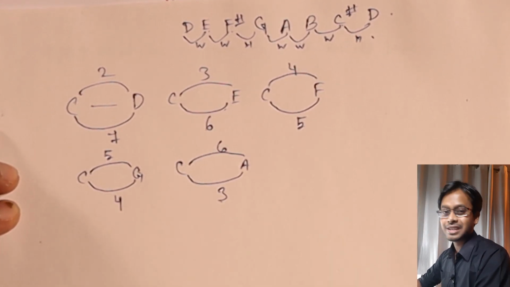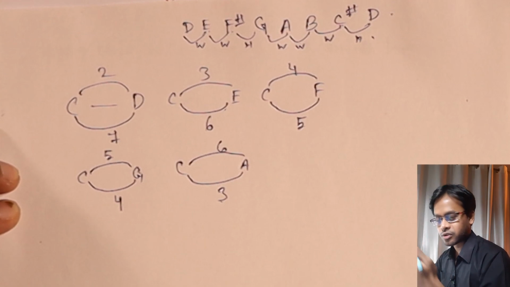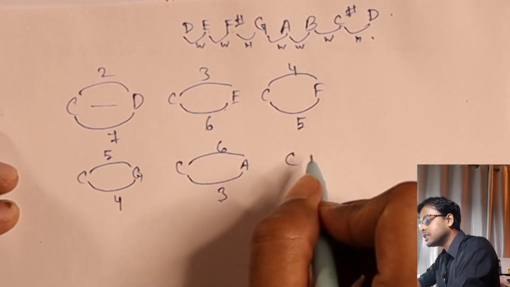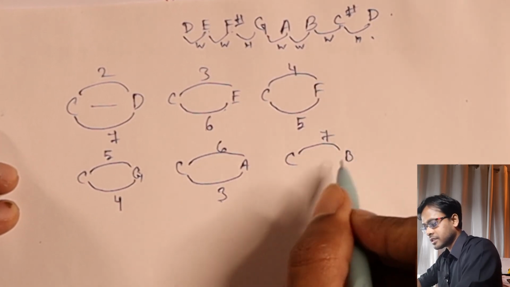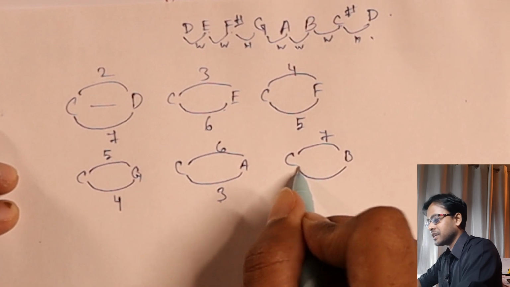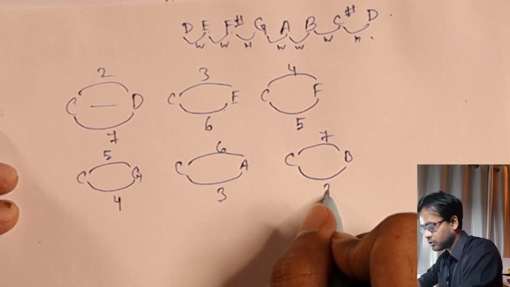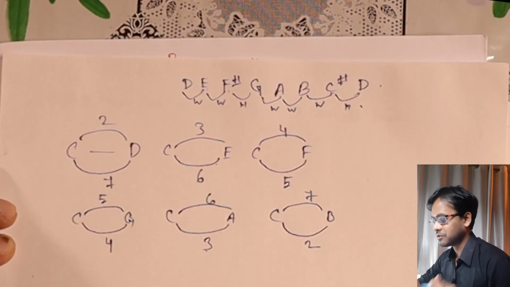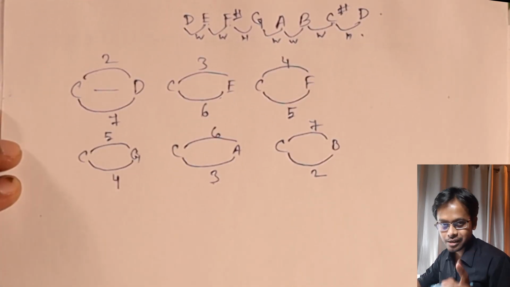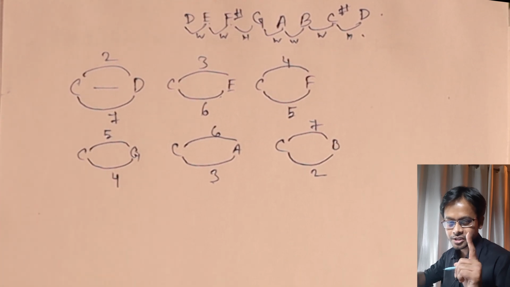Again, not concerned about the character of the third. Let's just call it a third. And from C to B, the interval is 7, a major 7th, and from B to C, the interval is 2.